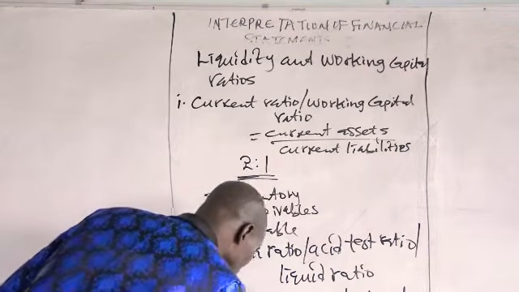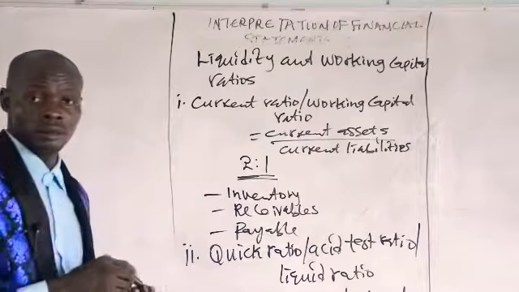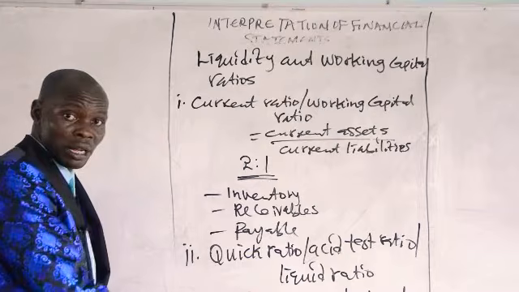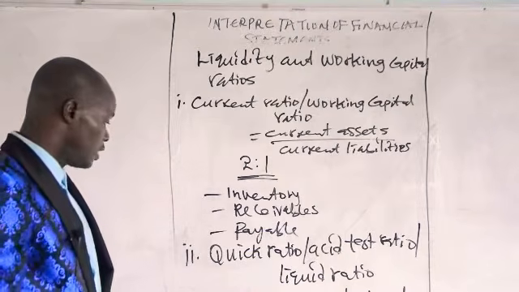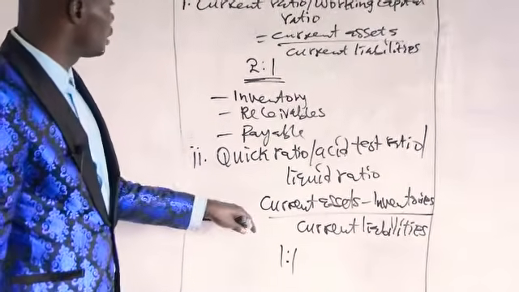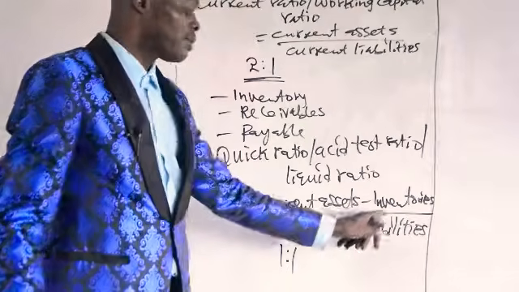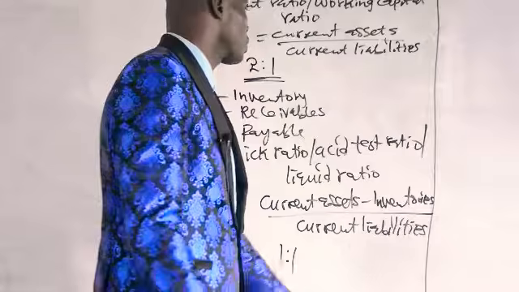The threshold for this is a ratio of 1 to 1. That is the threshold. So a similar reasoning to that of the current ratio may still be applicable here, apart from inventories.